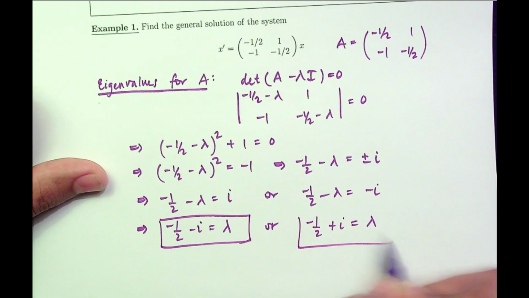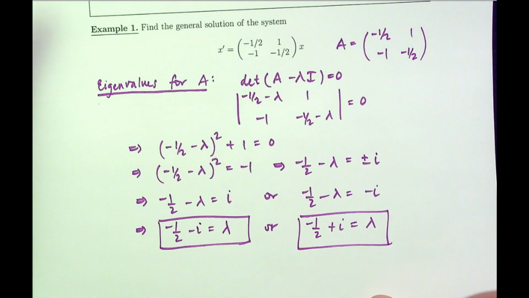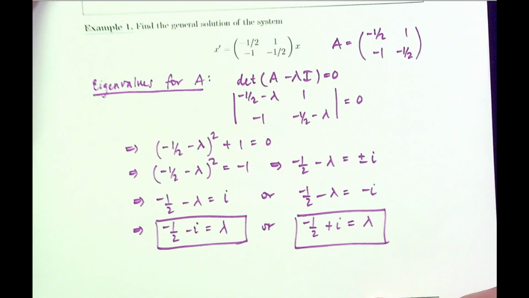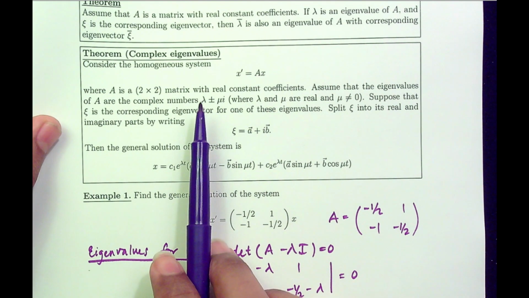Now this is a little bit confusing, because we have always been using lambda for the eigenvalues. But now, I want to not confuse this: the lambda in this theorem is not the same lambda.